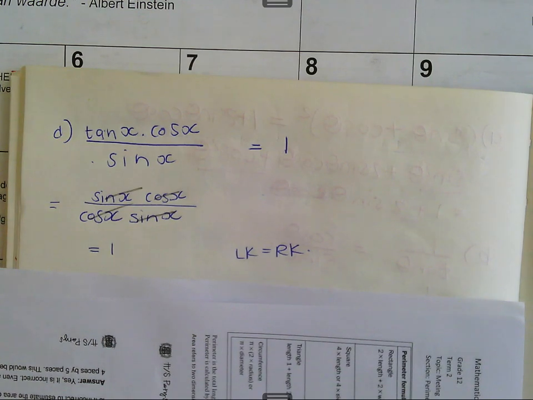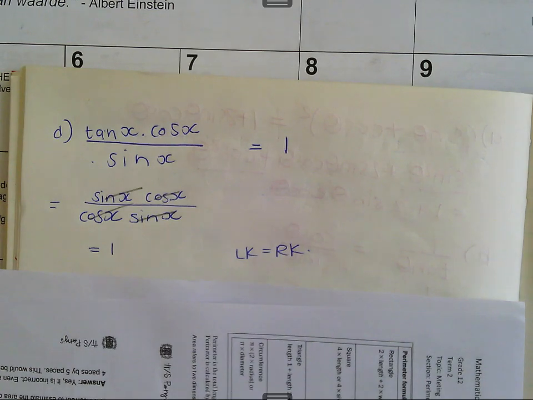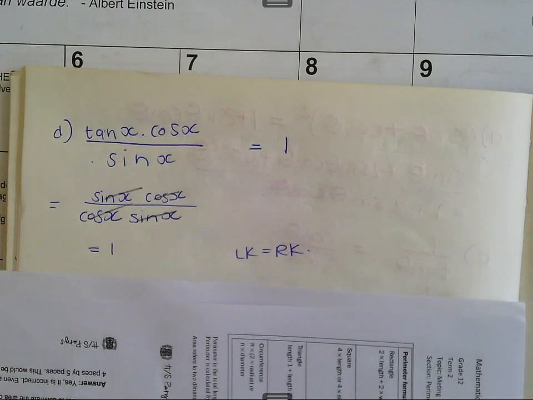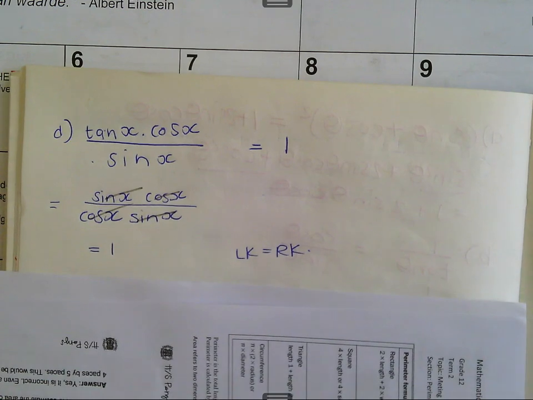Yes, that's what I'm saying. You are complicating it. Because then you would have sin over cos times cos divided by sin. And then you guys tend to make the mistake. Okay. So you can still get to the right answer. You are just complicating the question.